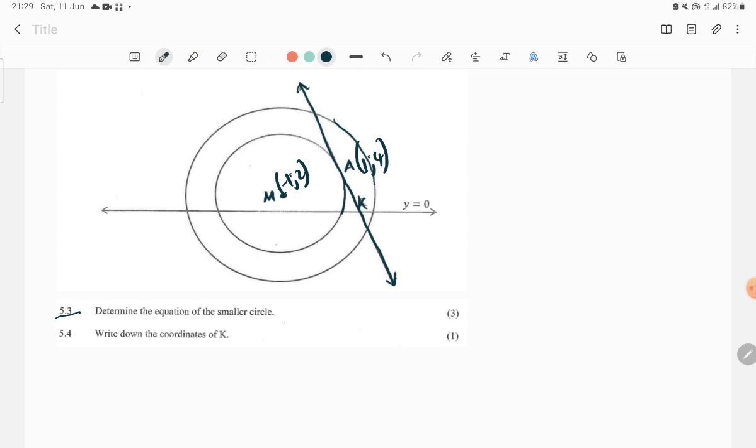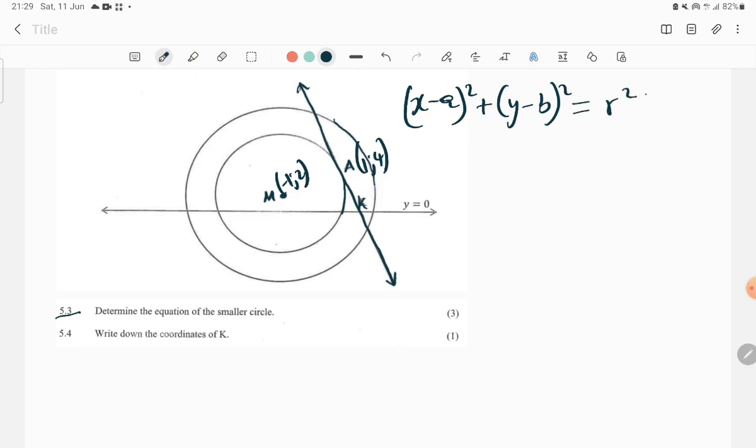Remember this, the smaller circle, we do have the center of it as well. Therefore we just need to remember the format of the equation of the circle, which is x minus a, squared, plus y minus b, squared, is equal to r squared.